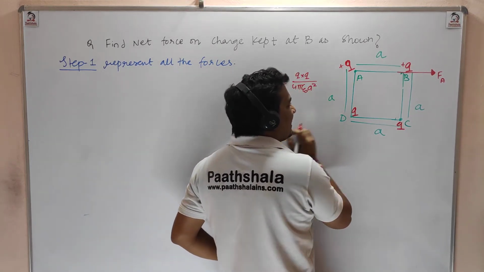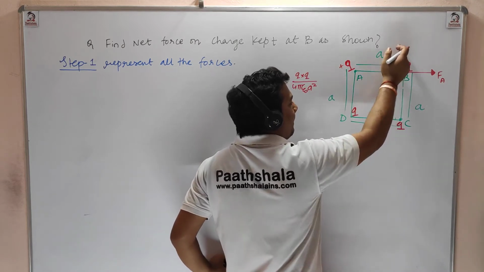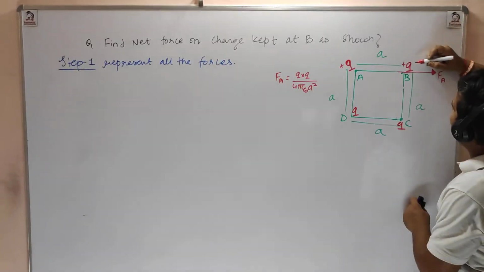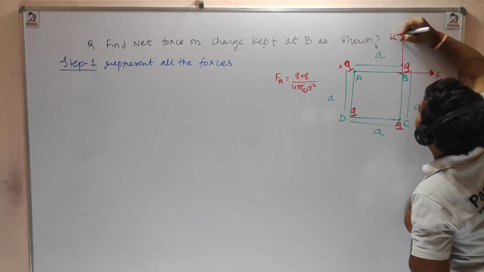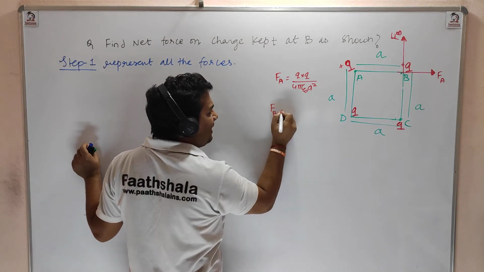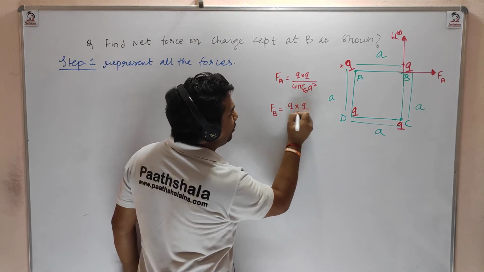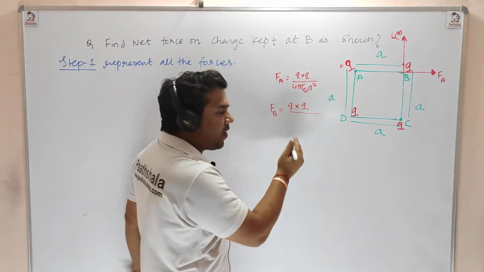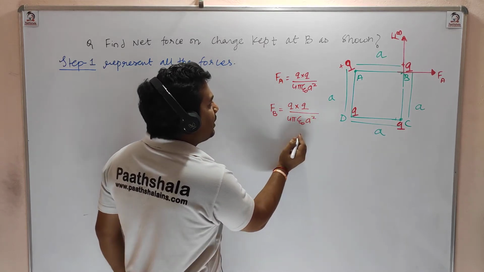In the same way, a charge placed at C will repel B along the line of joining, meaning upward. So this is Fb. Can you tell me how to find Fb? Fb is Q into Q divided by 4 pi epsilon naught times the square of the distance.